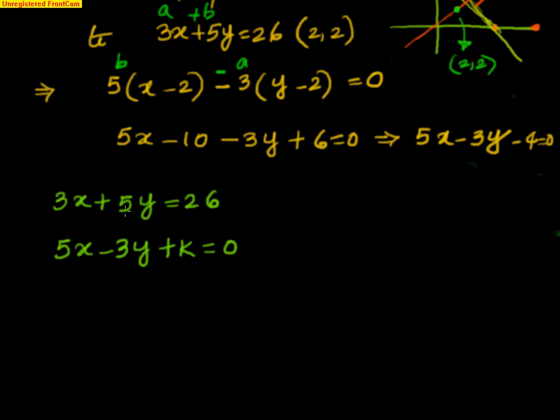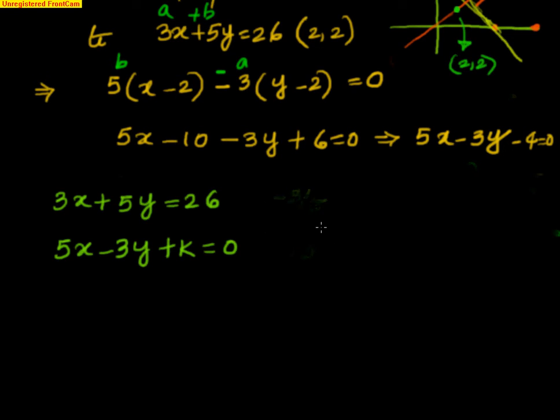Because you see this slope is minus 3 by 5, and this line's slope should be 5 by 3, because for perpendicular lines the product of their slopes is equal to minus 1. So automatically to satisfy that, A and B switch and the sign changes. It's pretty simple, right? There is nothing great in it.